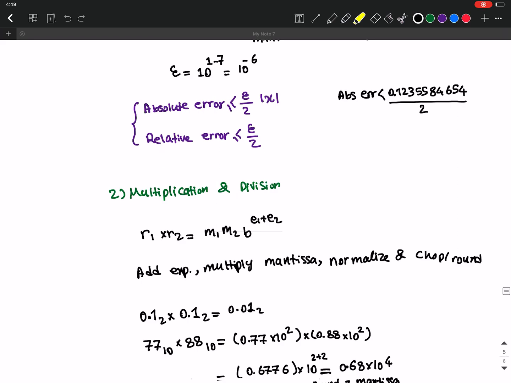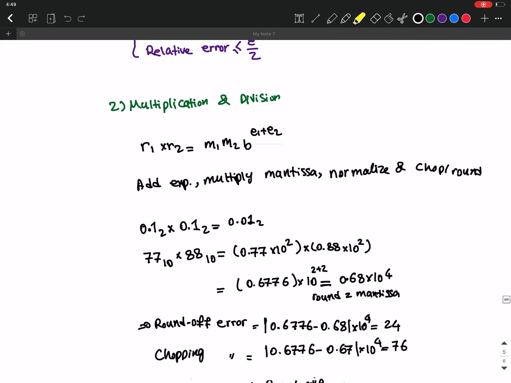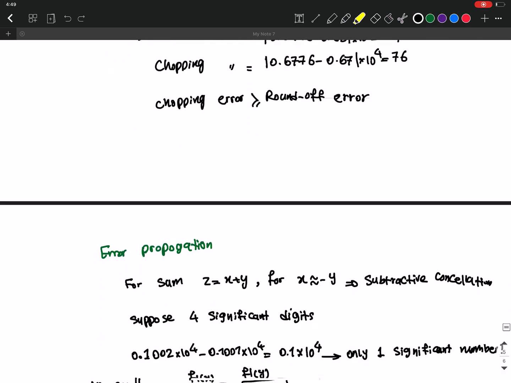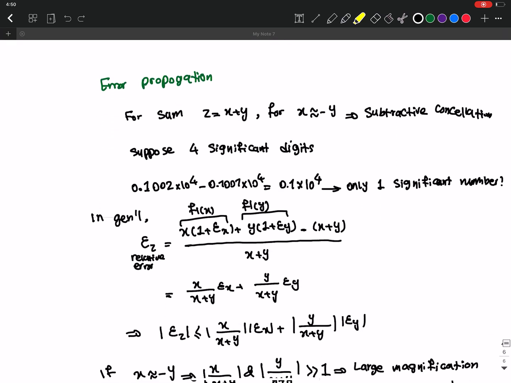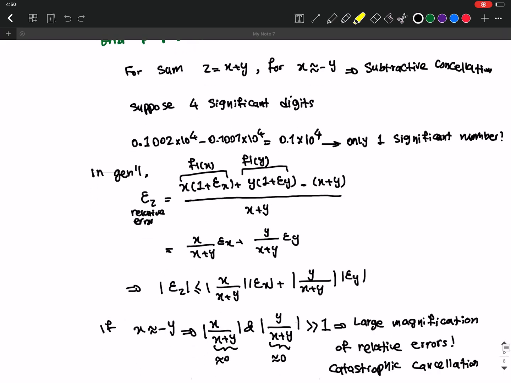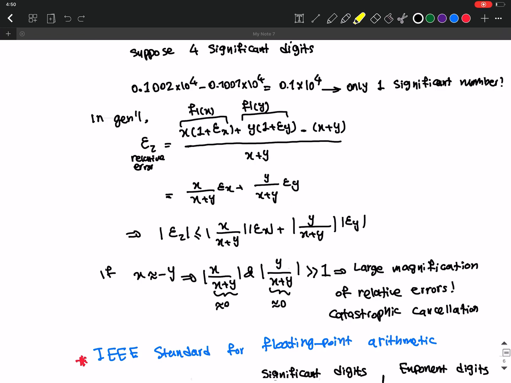And then we did multiplication and division, which is done by adding exponents, multiplying mantissas, normalizing, and chopping or rounding. Finally, we talked about error propagation and the subtractive cancellation that might happen here.